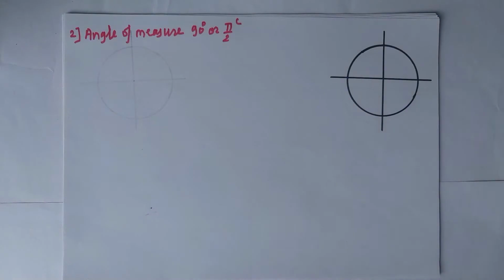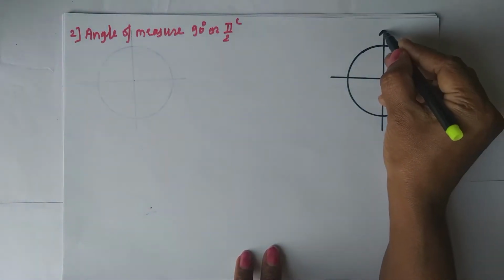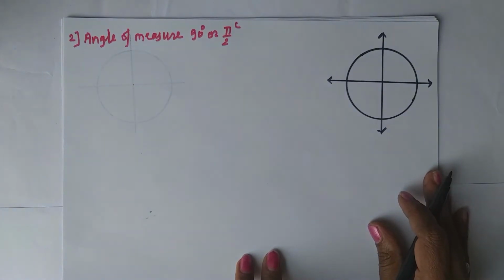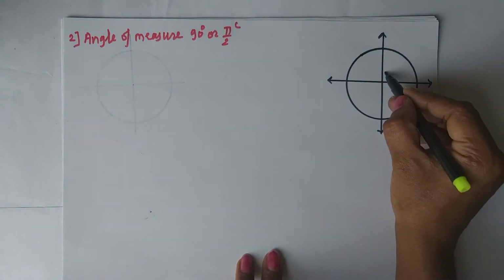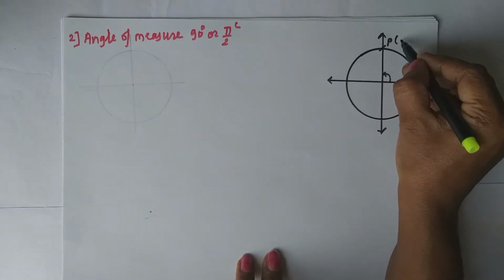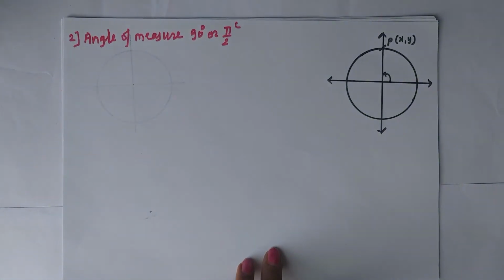Now next we will find angle of measure 90 degree or pi by 2 radians. Again you consider here standard unit circle. Here angle is 90 degree. Angle is 90 degree means your point P lies here. If it has coordinates x, y, then P will lie here.